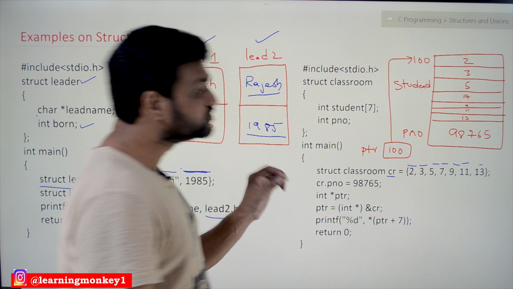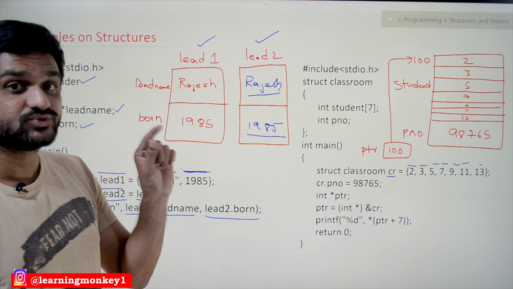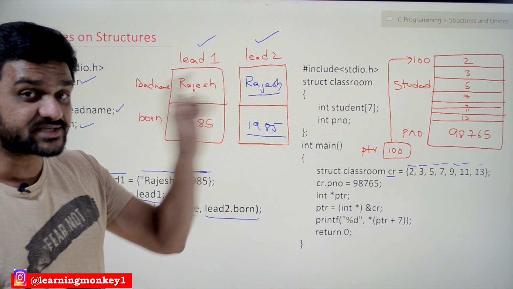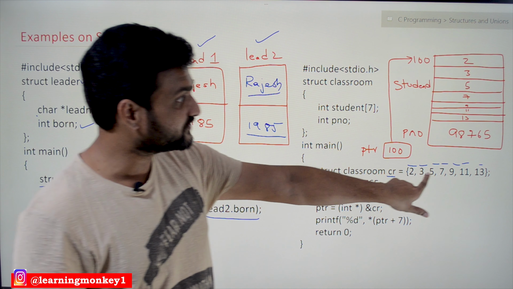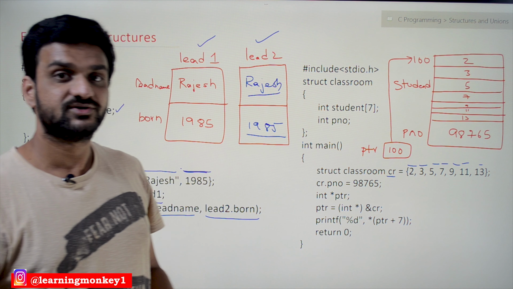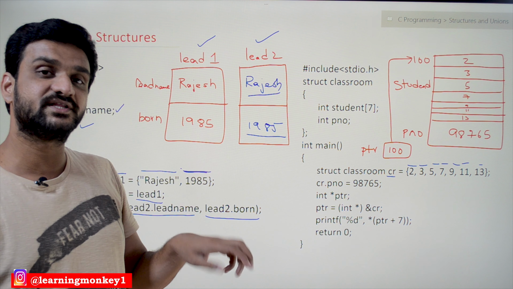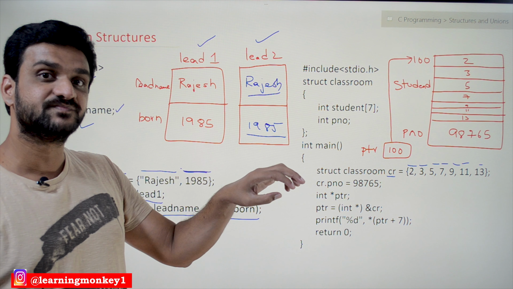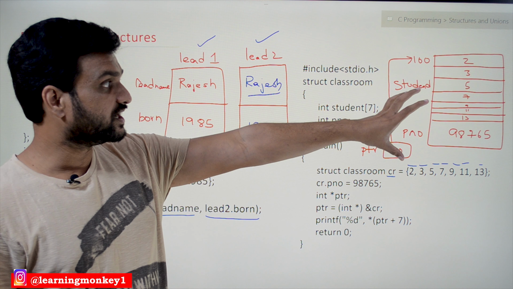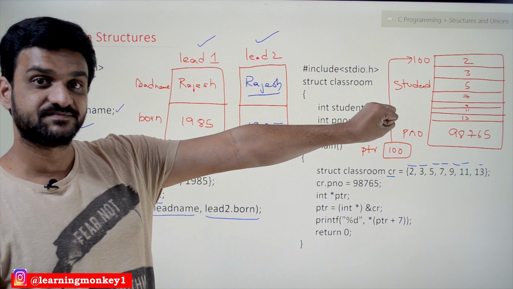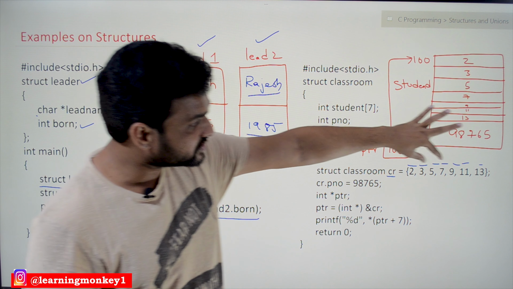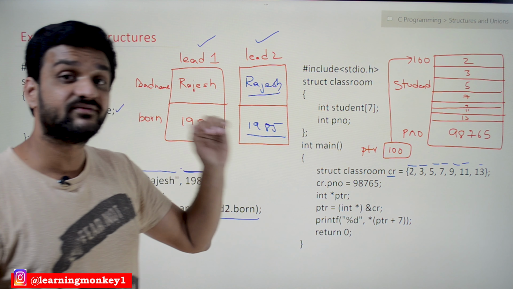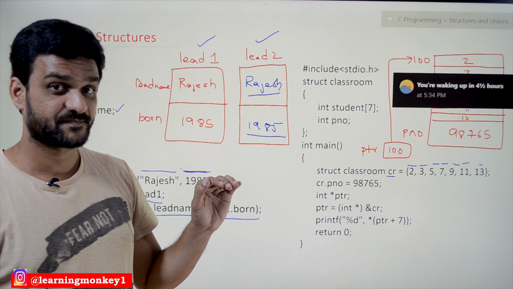We haven't used the structure members. We have discussed so far that in order to assign the values, we have to use the structure members. But here CR is equal to, directly we have given this and the values will get assigned.